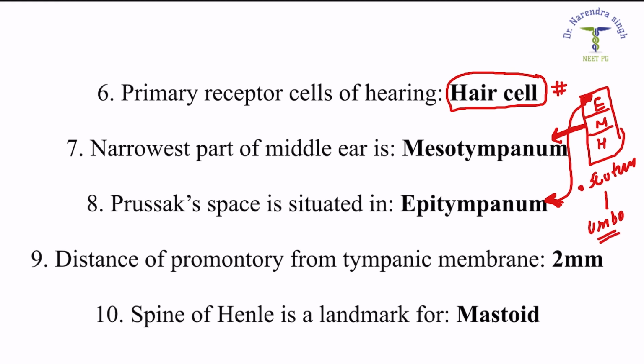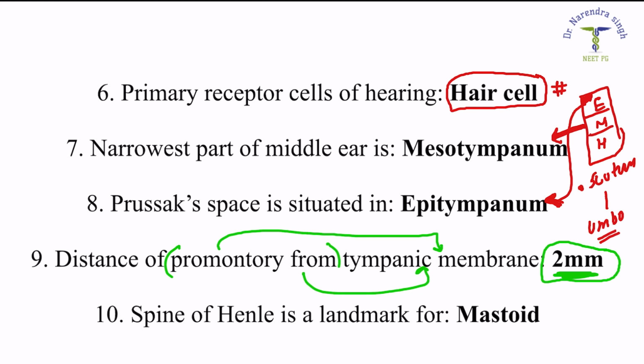Now, question number 9 says the distance of promontory from tympanic membrane. This we have to keep in mind because it is repeatedly asked. The distance of promontory from tympanic membrane is 2 mm.